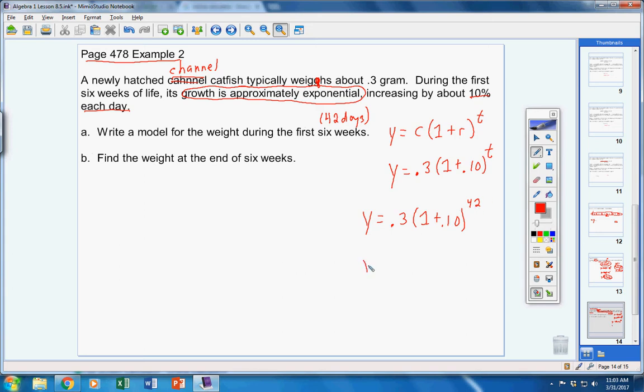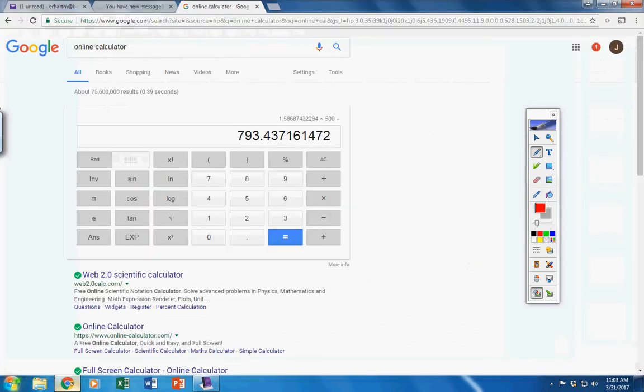Now, next I would say Y equals 0.3 times 1 plus 0.10, which is 1.10, to the 42nd power. So here we go. 1.10 to the 42nd power times 0.3 equals 16.43.